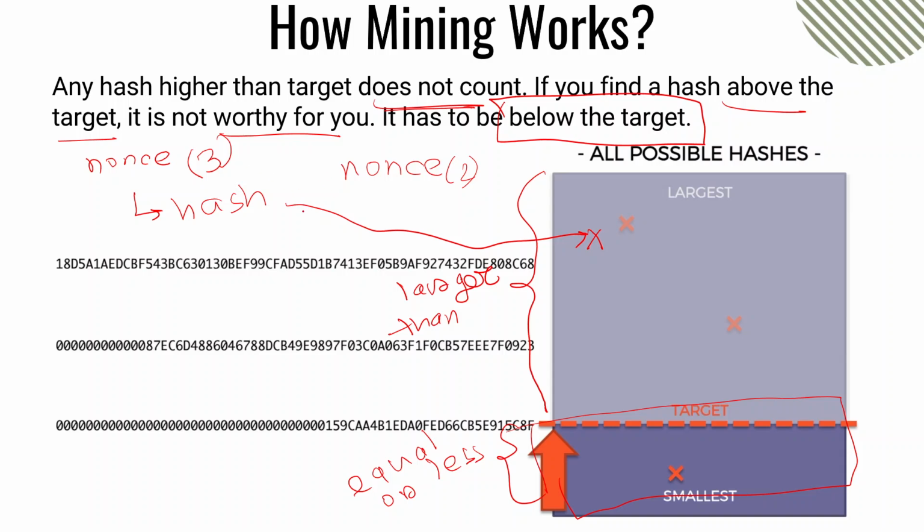For the value of 2, we will get a hash value, and let's assume this hash value is inside the target. So this time, this miner is a winner. He has successfully guessed this hash, and he has successfully mined this block. So this is how mining actually works.